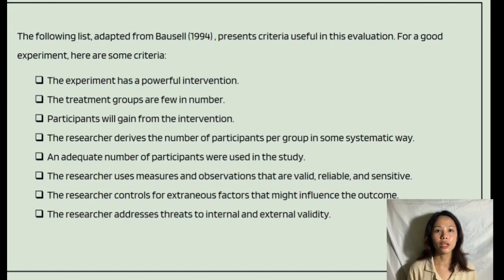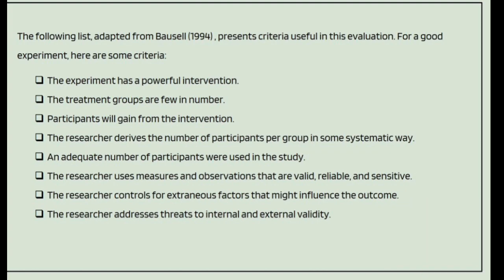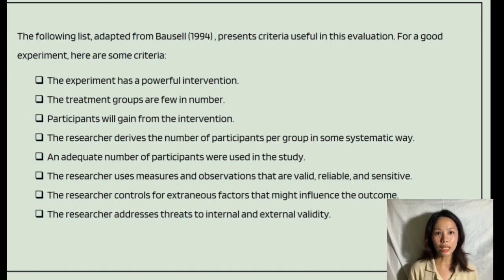Researchers should employ accurate experimental designs, control for irrelevant variables, and use appropriate measures and procedures. External validity, on the other hand, concerns the generalizability of the findings beyond the specific conditions of the study.